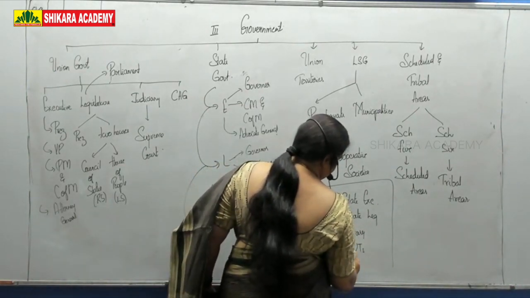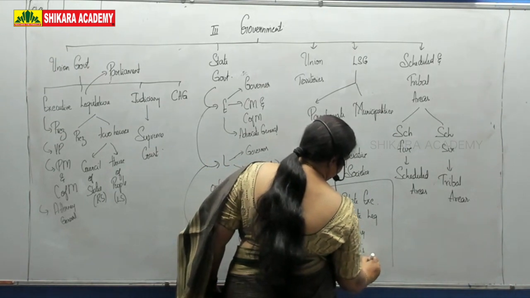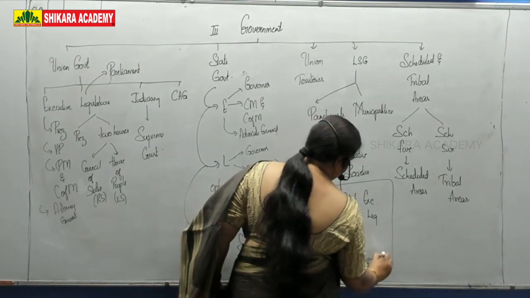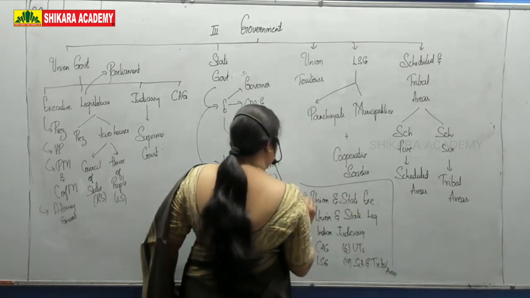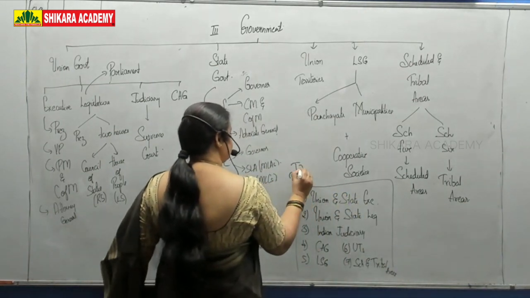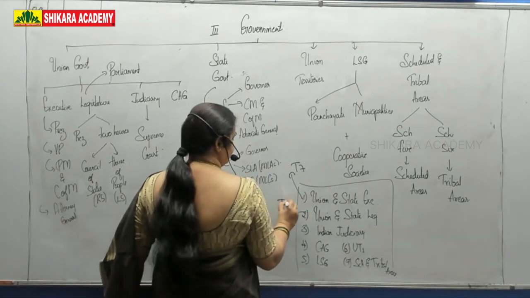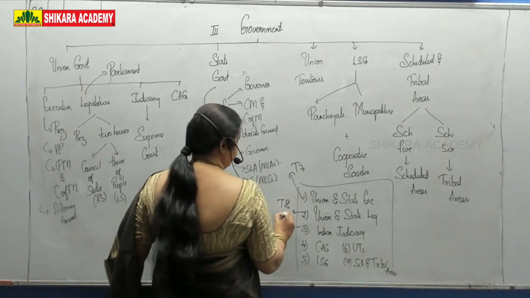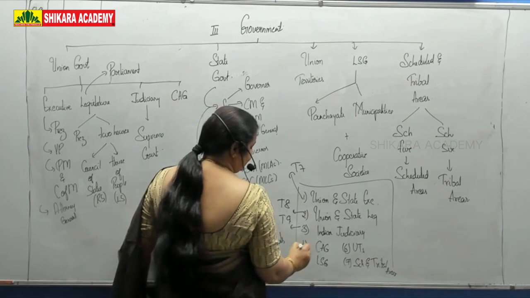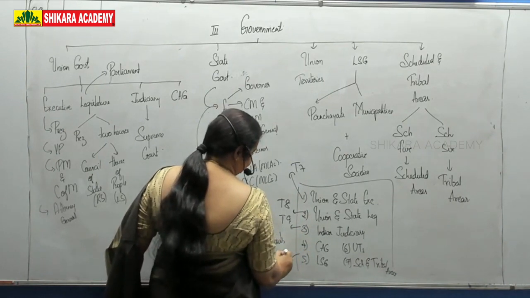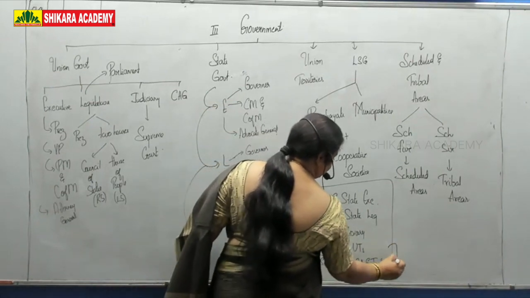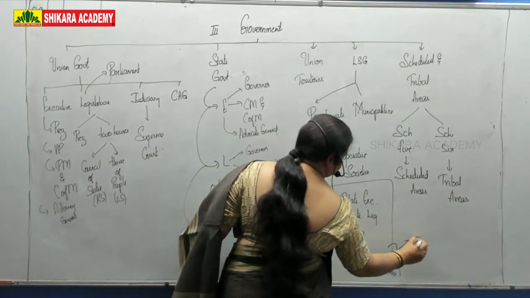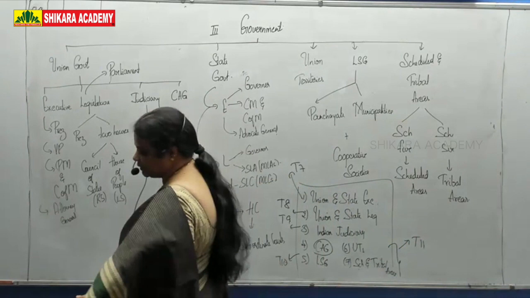Seventh, scheduled and tribal areas. Okay. This will be test 7, test 8, test 9, okay, and test 10. Now, CAG, UTs, scheduled areas will be one test. Okay, make a note of this, please.